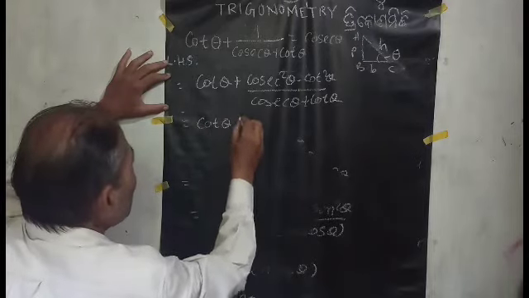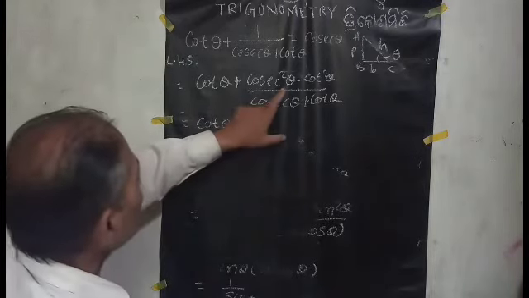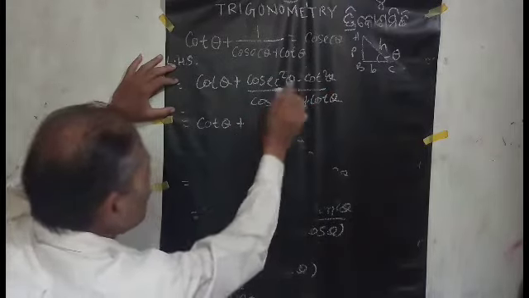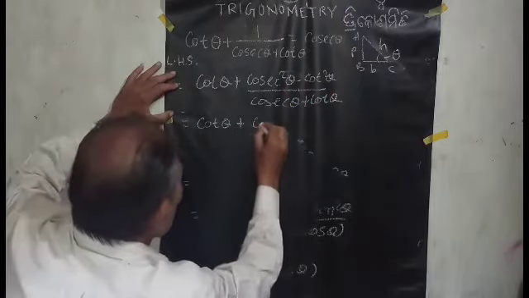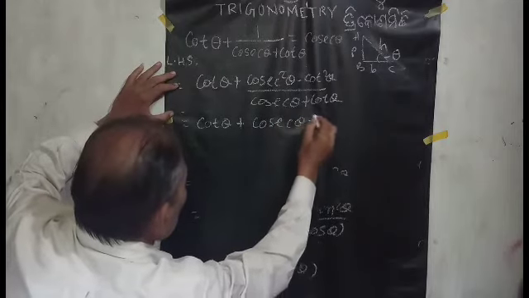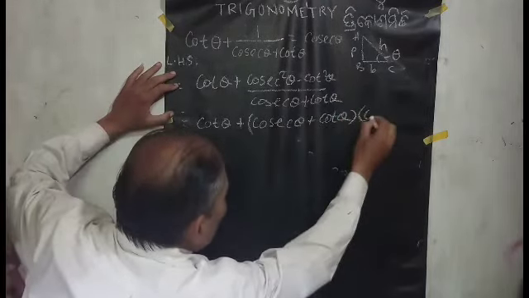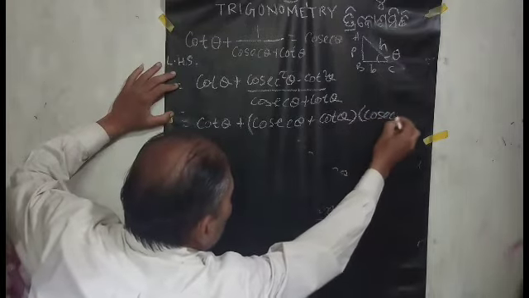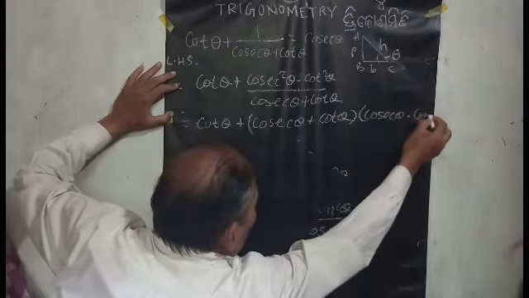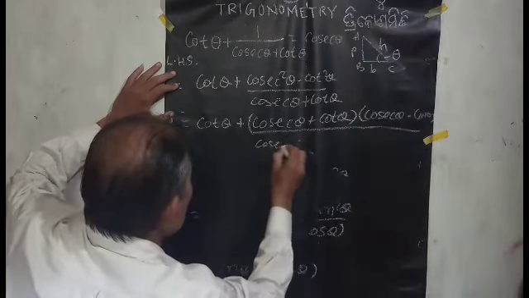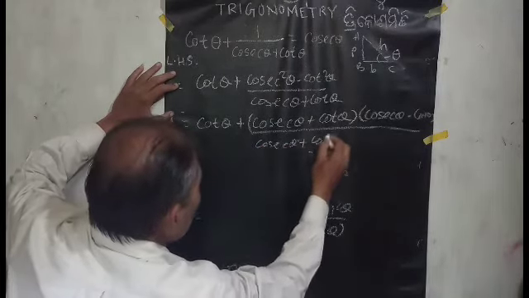Cot theta plus cosec square theta minus cot square theta, that is a square minus b square formula. Cosec theta plus cot theta into cosec theta minus cot theta, divided by cosec theta plus cot theta.